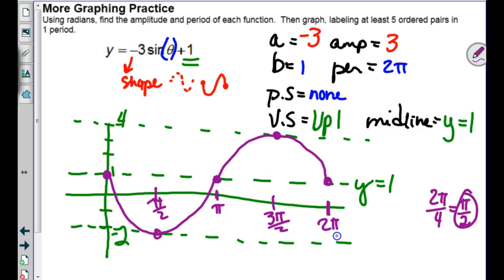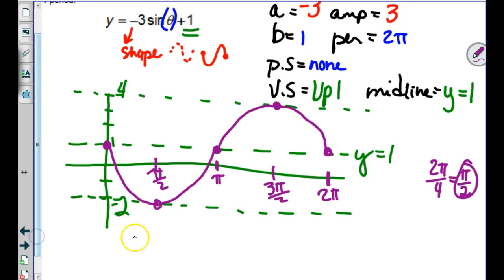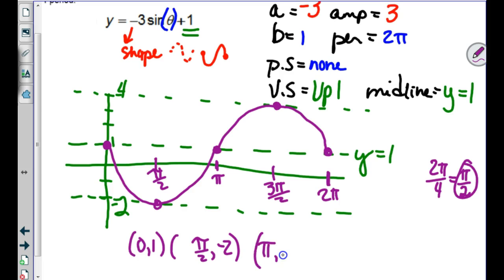Okay. So the ordered pairs, anybody? 0 what? 0, 1. Pi over 2. Pi. 1, 3 pi over 2. Maximum. And 2 pi midline again.